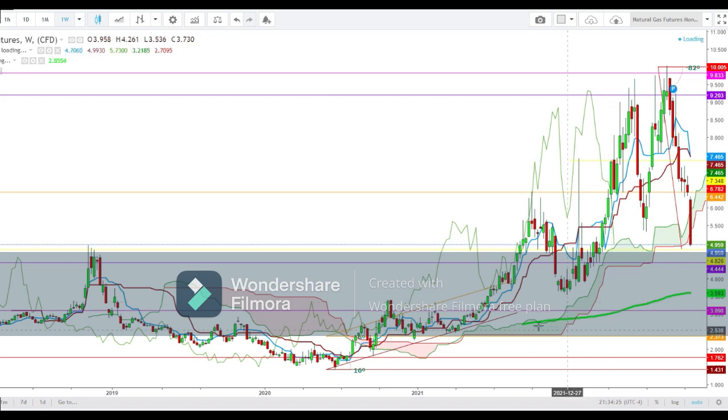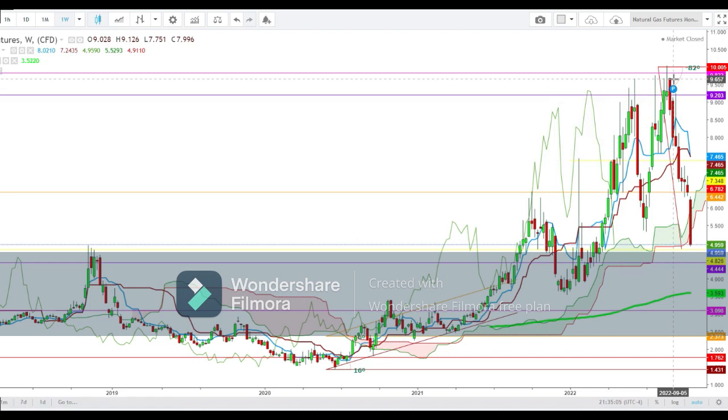So here in a weekly time frame, you can see how the natural gas futures formed an exhaustive candle in August 2022 after testing a high at 10.005. This exhaustion got confirmation with the formation of this bearish candle during the next week of August, and finally the natural gas futures struck resistance at the levels of 9.657.